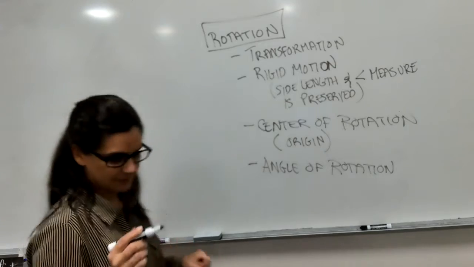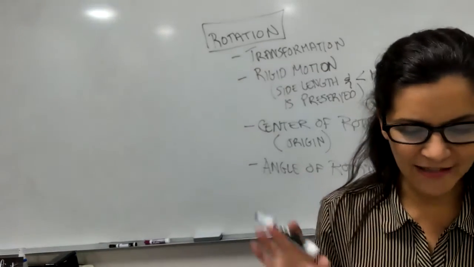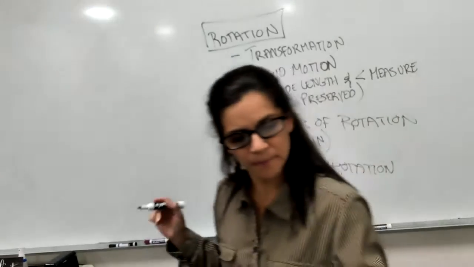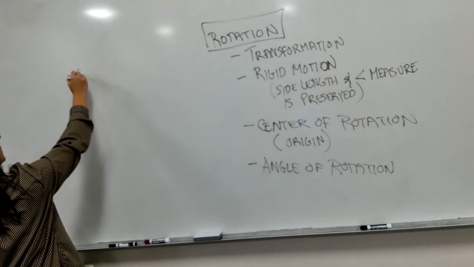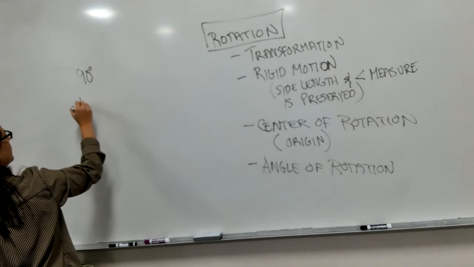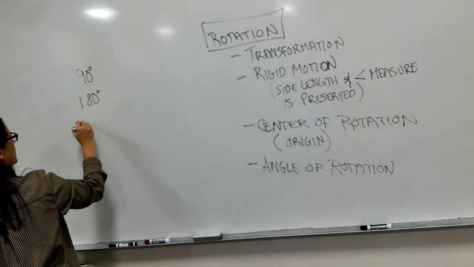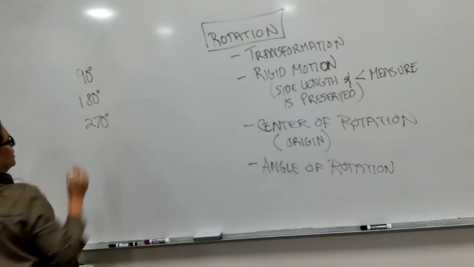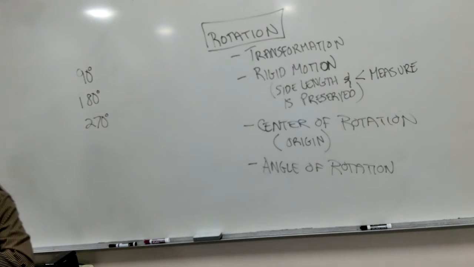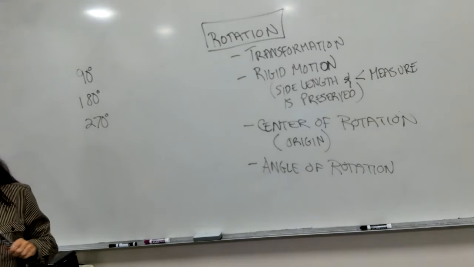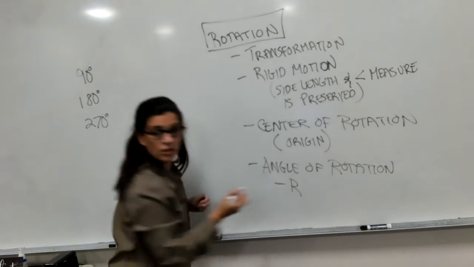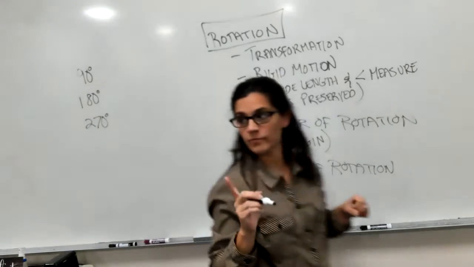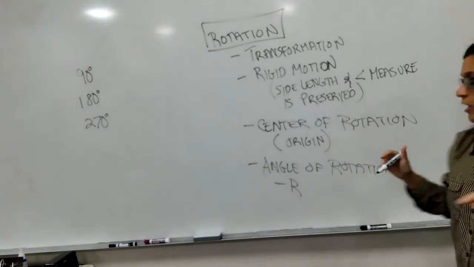Okay. Baseball. So here are our angles of rotation. Our common angles of rotation are going to be 90 degrees, 180 degrees, and 270 degrees. What's 360 degrees rotation? All the way around. An important thing to note: rotate counterclockwise unless it tells you to rotate clockwise.